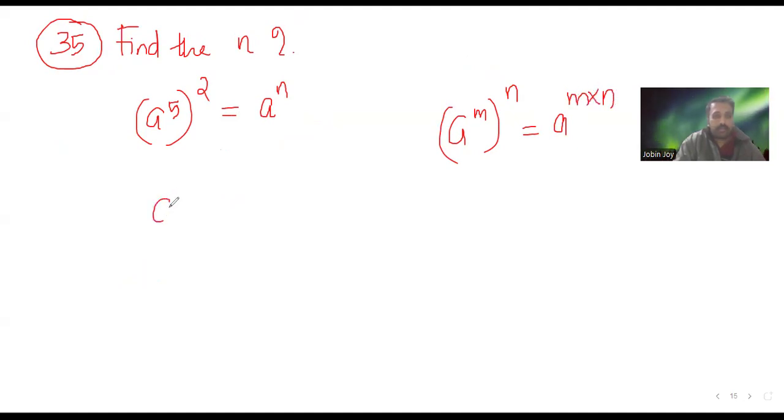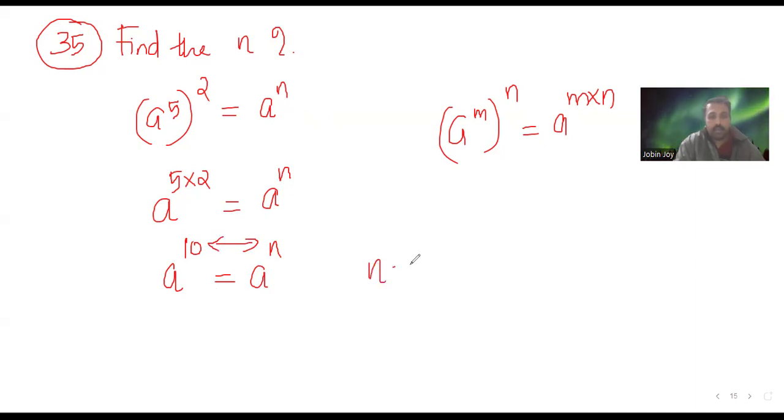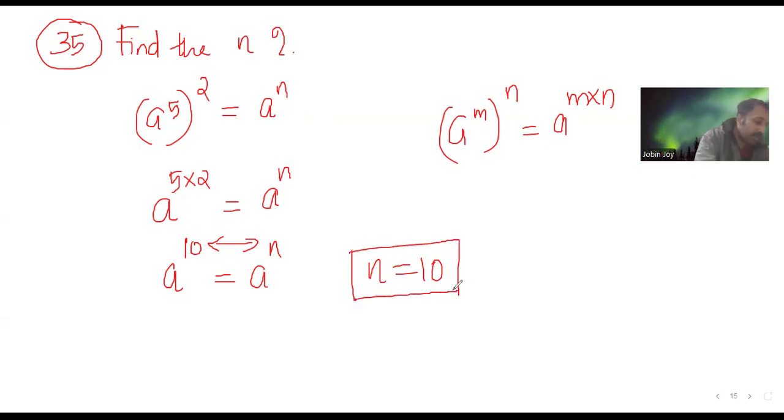So a raised to 5 into 2, which is 10, equals a raised to n. I will equate the power because the base is the same. So the value of n equals 10. So next question, question number 36.